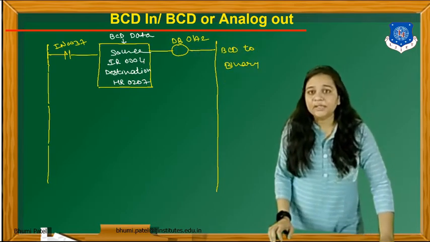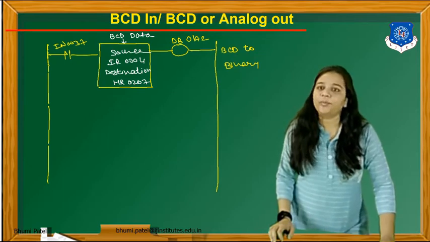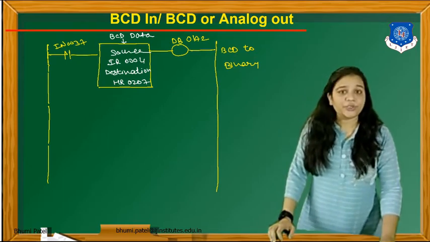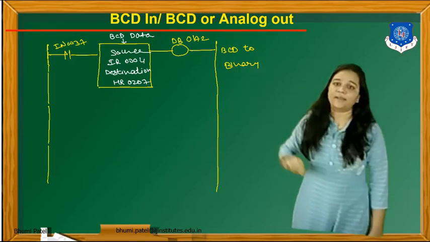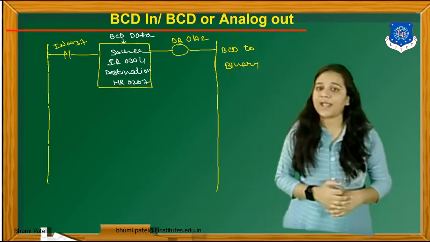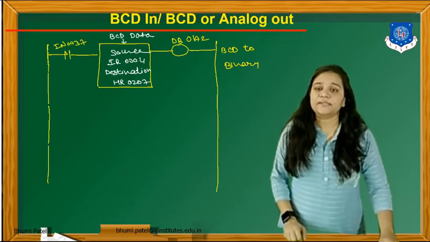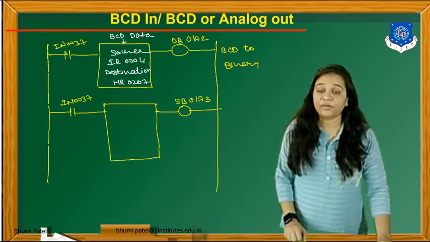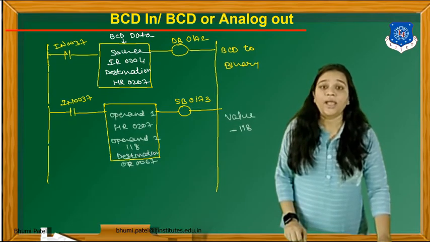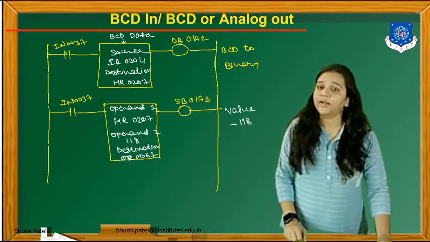The command will be DB0172. Input is applied IN0037 and source will be IR0004 that is given, and we have to take one destination address HR0207. Now next we have to subtract the value, and the value given is 118.